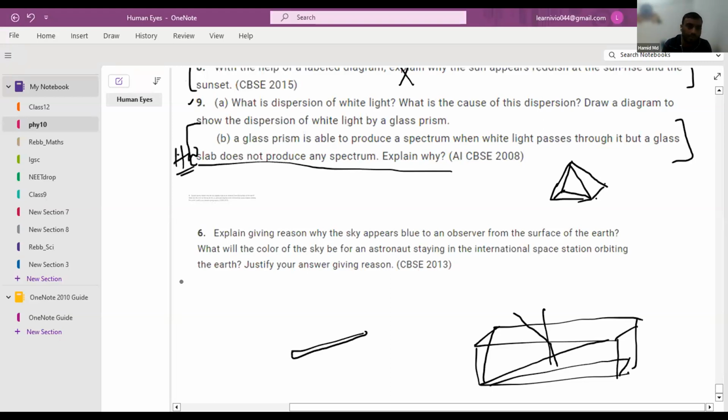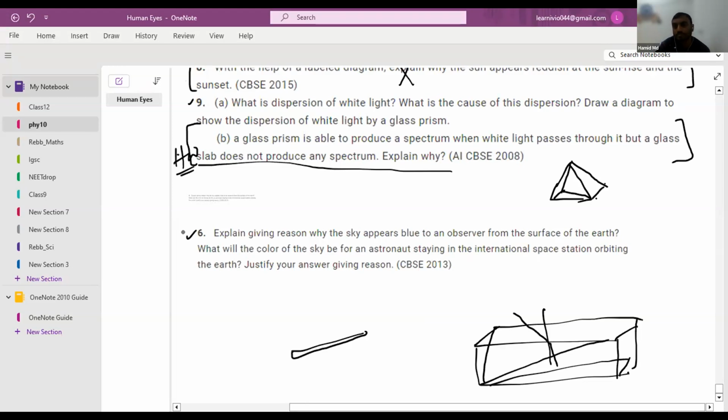So Govita, will you answer question number 6? Yes, sir. While light passes through the atmosphere, tiny air molecules cause it to scatter.